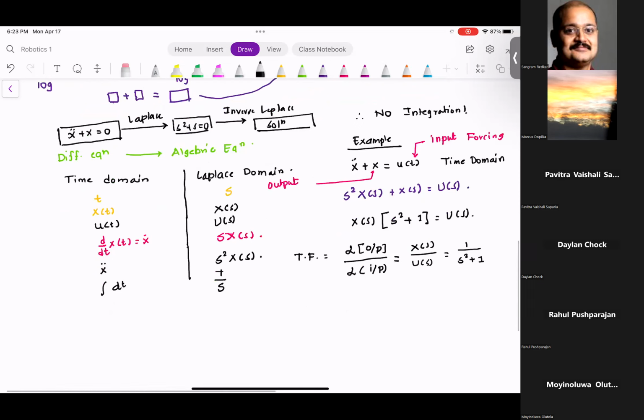So if I have this differential equation and I want to write this as a transfer function, the open loop transfer function is given as 1 divided by s square plus 1.